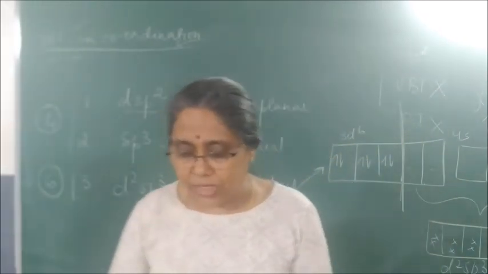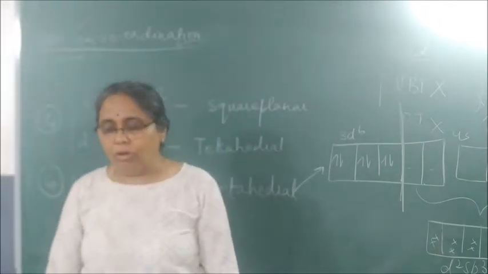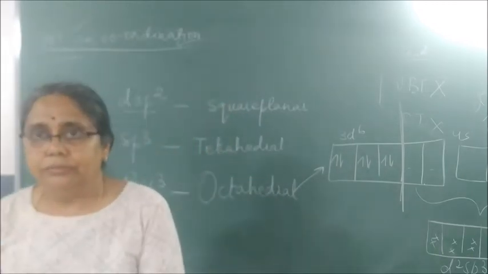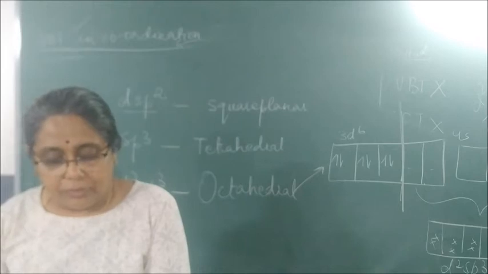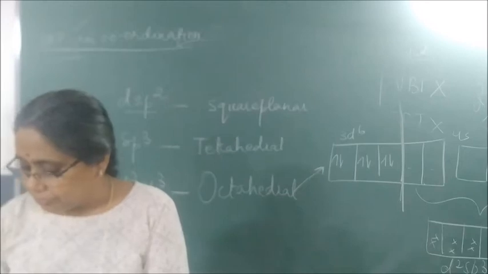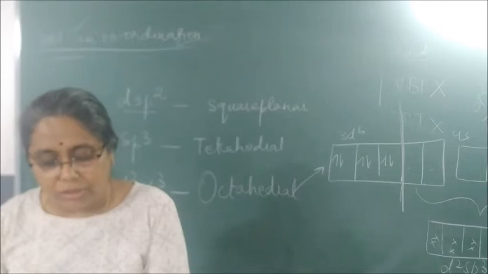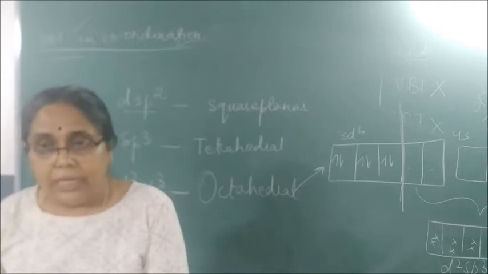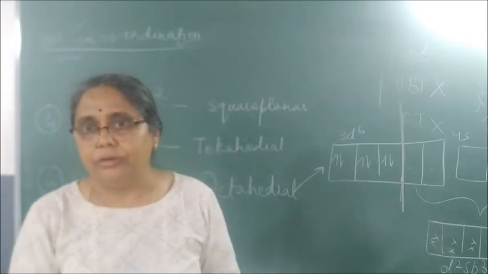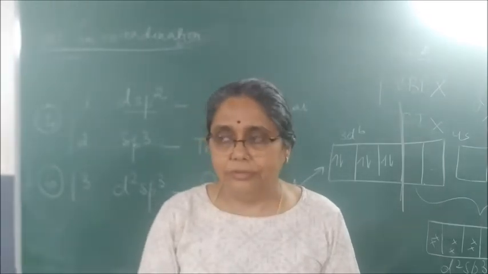Okay, the last point, please write. When a complex compound contains one or more unpaired electrons, it is paramagnetic in nature.